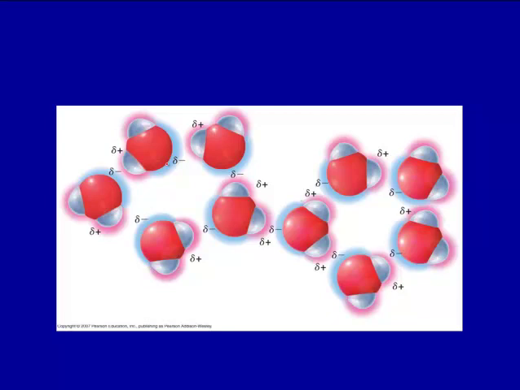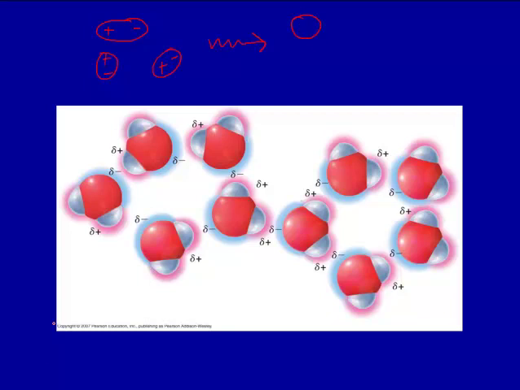So now you have a situation where molecules have positive and negative regions, and it gives you the ability to start interacting favorably.